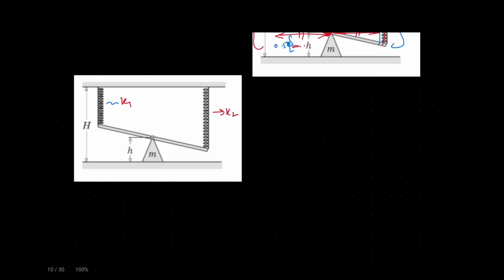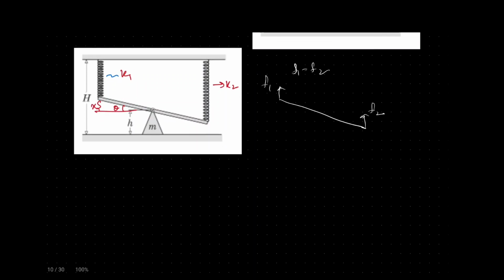So we have to find the elongation. For that, we can define a theta or an x here, and find the elongations in both of the springs. We should not forget that F1 equals F2. Both must be equal, otherwise the torque won't be equal to 0.